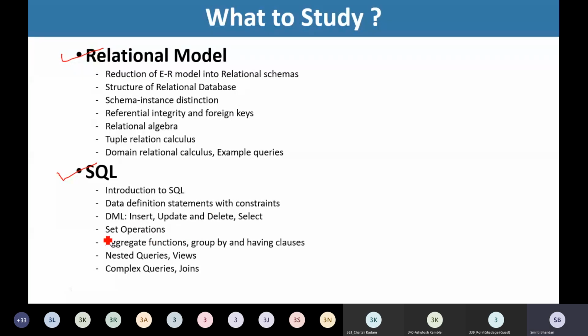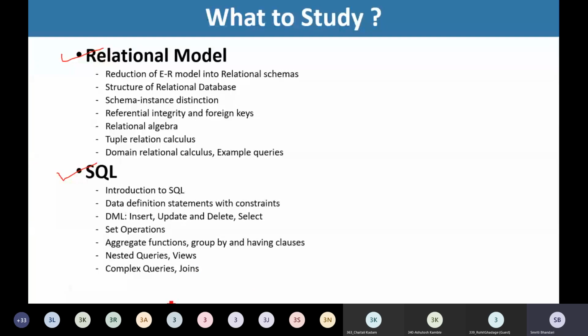Under the select statement, we are going to look at set operations, aggregate functions, group by clause, having clause, nested queries, how to write views, some complex queries and also the joins. Practically, this section on SQL is really very important.